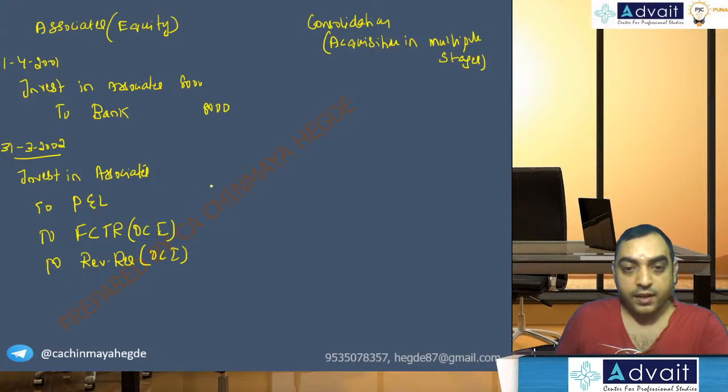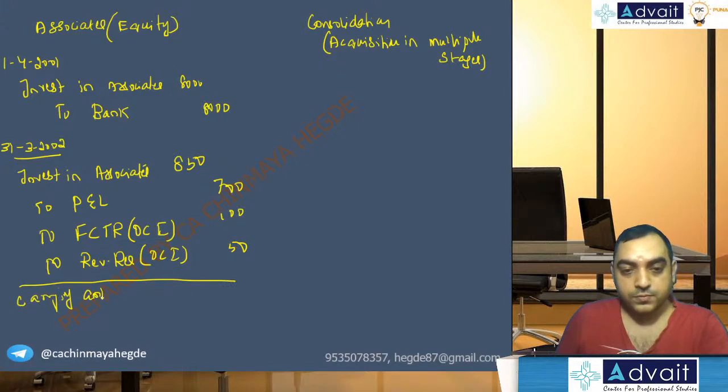Amounts are 700, 100, 50, then 850. Therefore, what is the carrying amount of investment? Carrying amount of investment is 8,850.